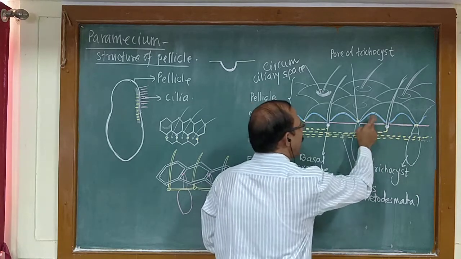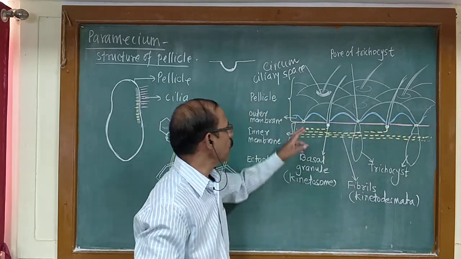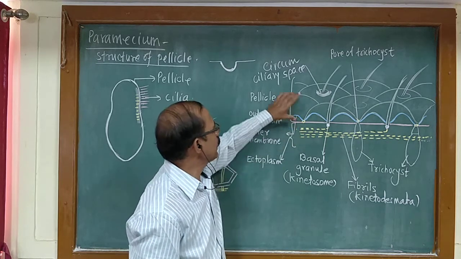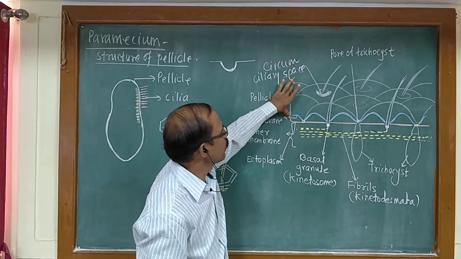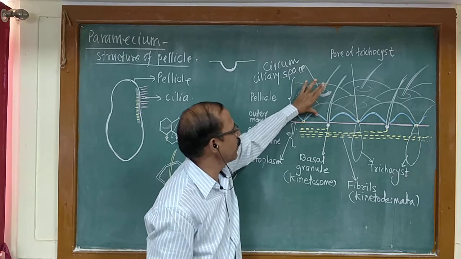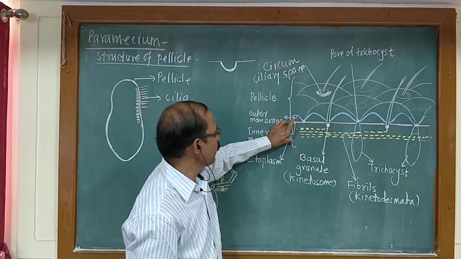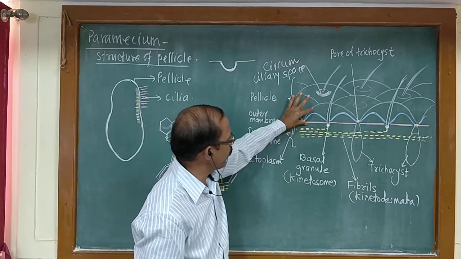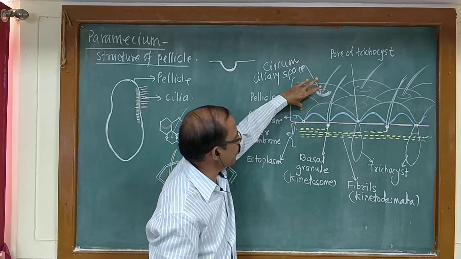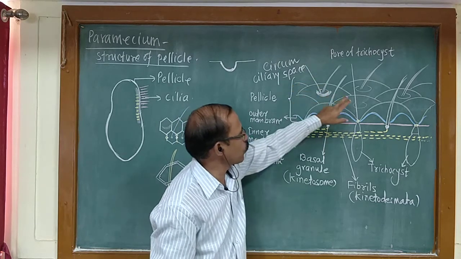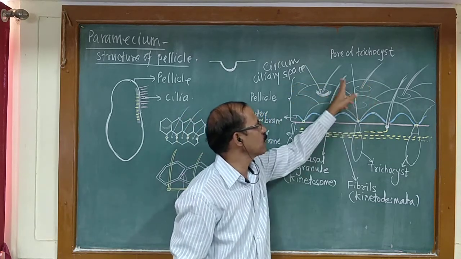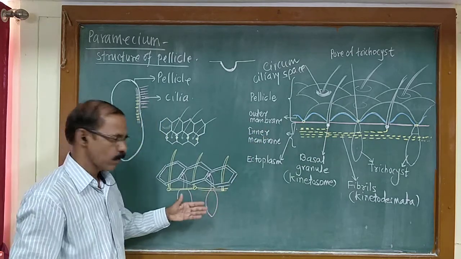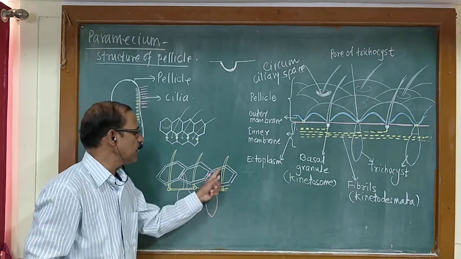The outer alveolar layer is in contact with cilia, and the lower layer is in contact with the ectoplasm. This is the outer surface of the pellicle showing hexagonal areas. This is the cilium. This figure also indicates the same structure. This is the hexagonal area from which the cilium emerges out.